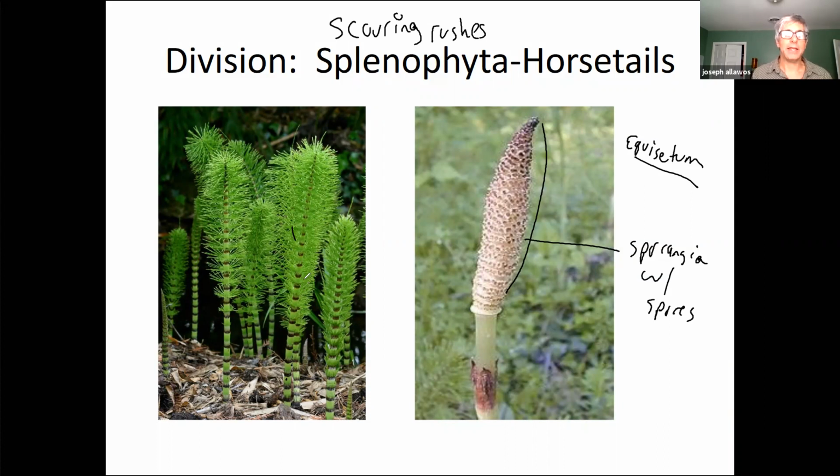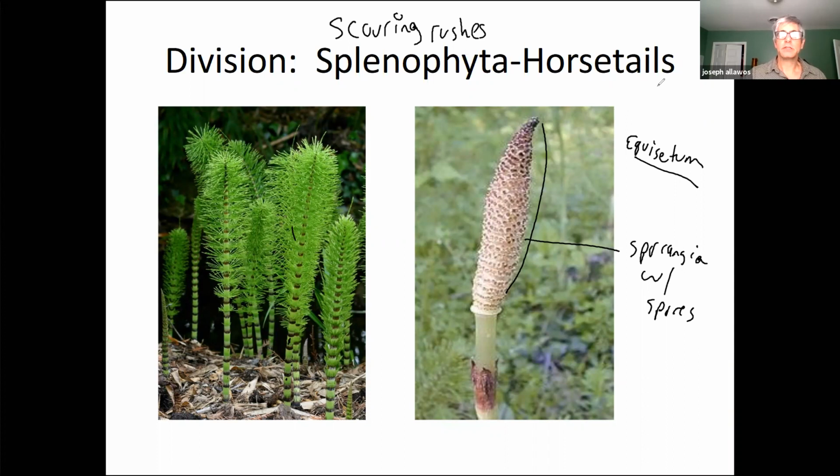And when they do that, they embed it in their cell walls, and it's very abrasive. You can literally take a piece of this and file your fingernails with it. And the story is that the Amerindians would take handfuls of these and use them to scour their pottery, because they were almost like a Brillo pad.